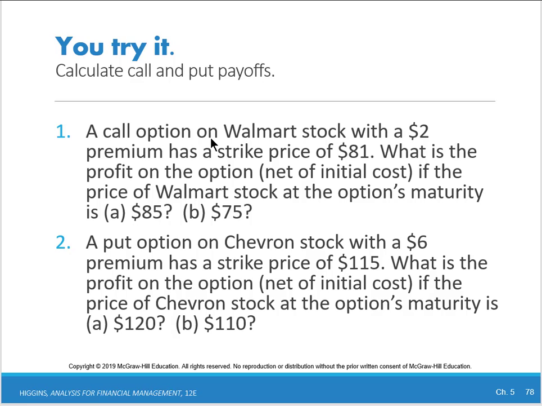But this looks at a call option and a put option. It says if you buy this option, what happens if the price goes to a certain level? And you can then calculate the payoff, which is the value, and then of course you can calculate the profit that you could make.